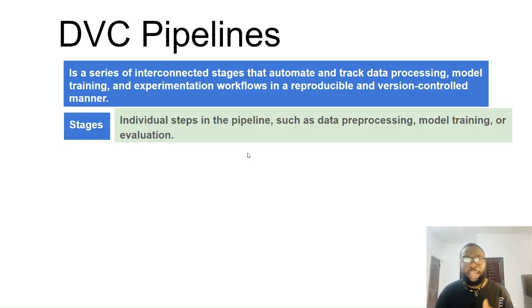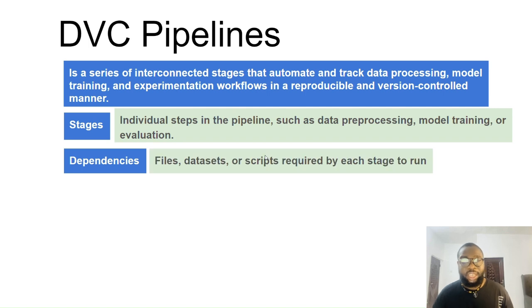Stages here are individual steps in the pipeline, such as data processing, pre-processing, model training, or evaluation. It can even be hyperparameter tuning, it's also a stage. If you define it, it's going to do that for you. And dependencies are files, data sets, or scripts that a stage is required to run. They call it deps. And then we have the output.